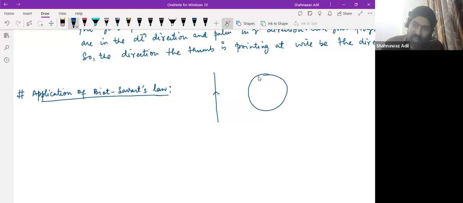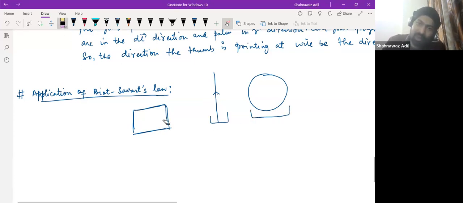If I have some other kind of wire, I can change it into four different straight wires. So these are the two most general shapes of the wire.